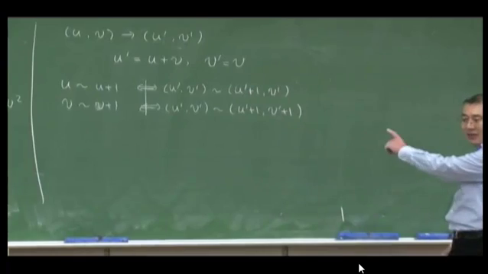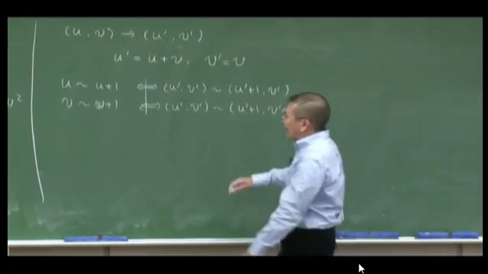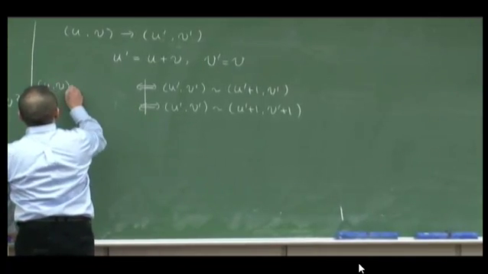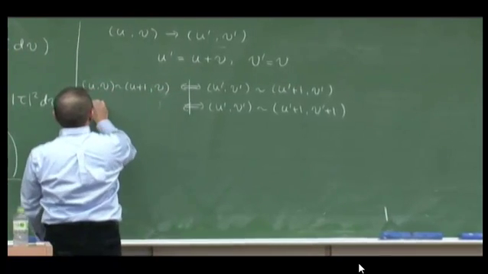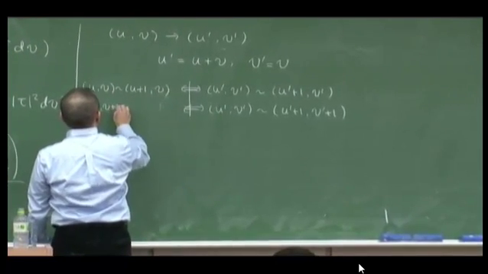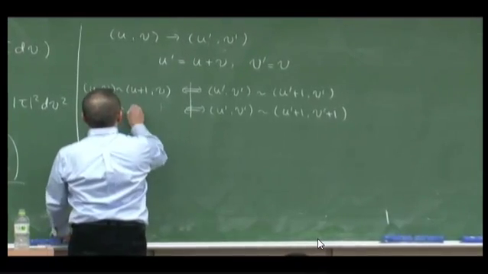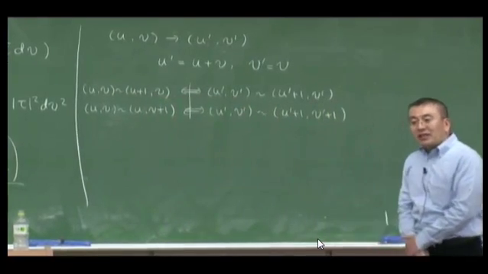So you may think that this gives you a different lattice structure. But in fact, this lattice and this lattice are equivalent. This lattice translation and this lattice translation are equivalent. The way to see it is the following.